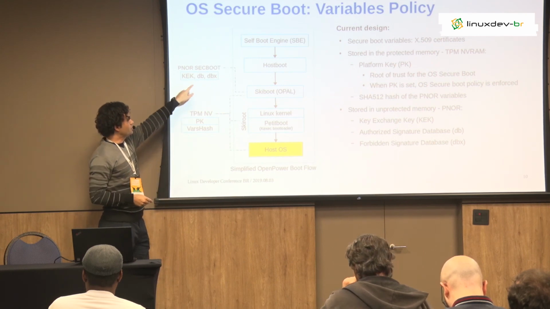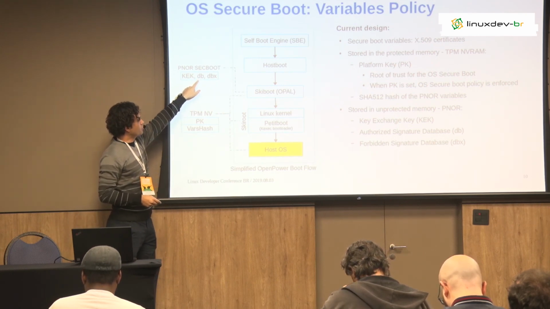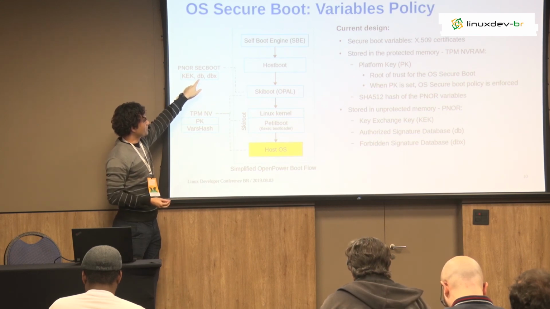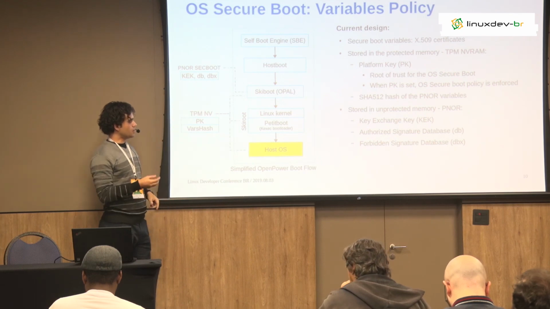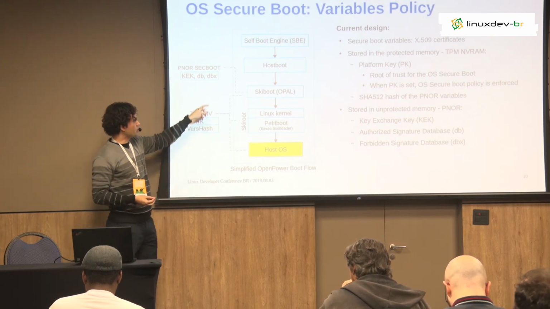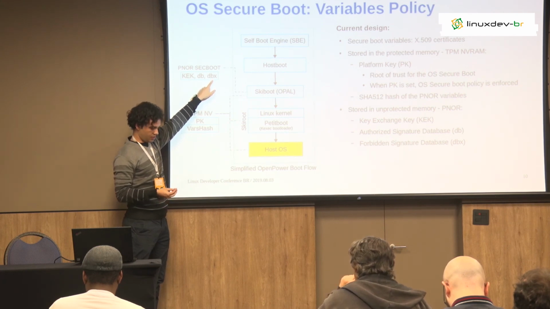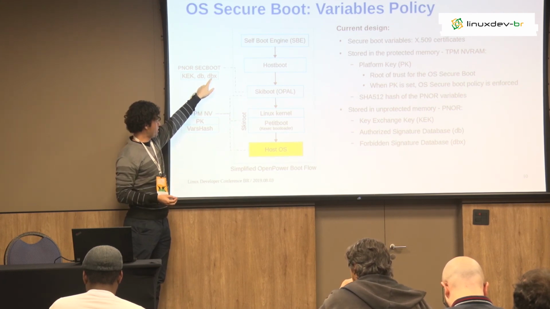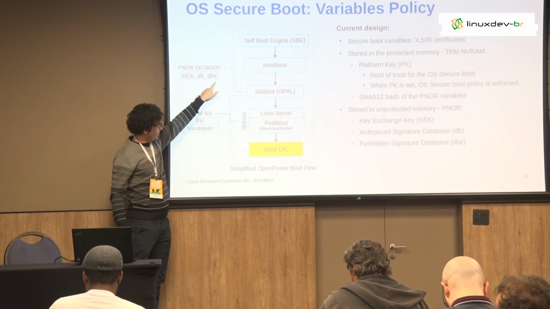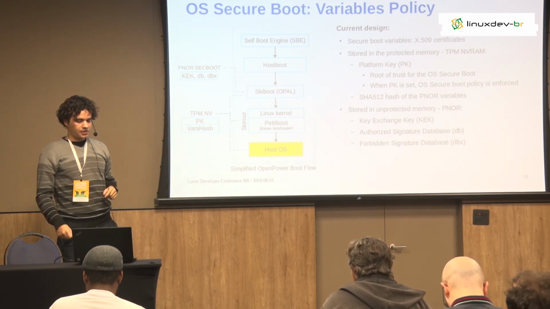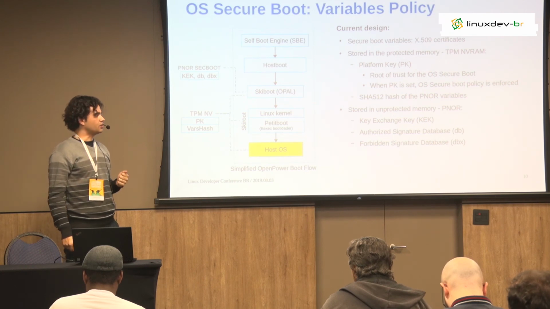You need to add your public key here because only kernels that can be verified by one of these keys will be executed. But if a kernel was signed by one of these keys, or has a hash in this other variable, the dbx, basically it means that kernel is blacklisted. You can't execute it.